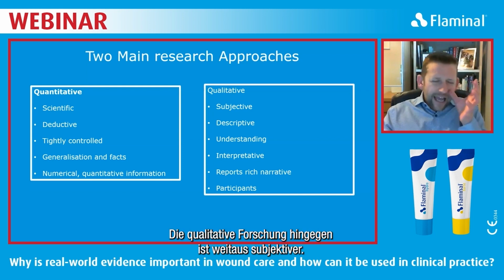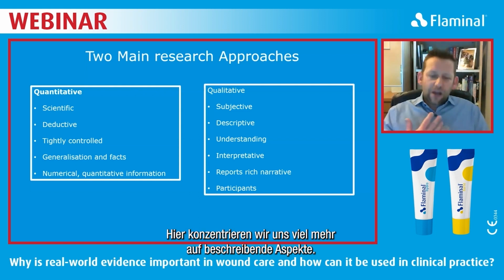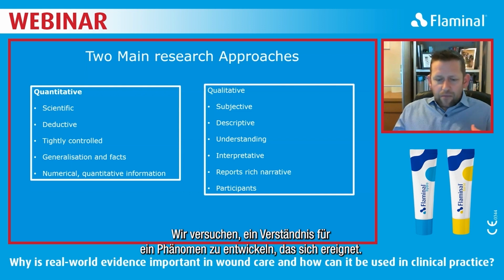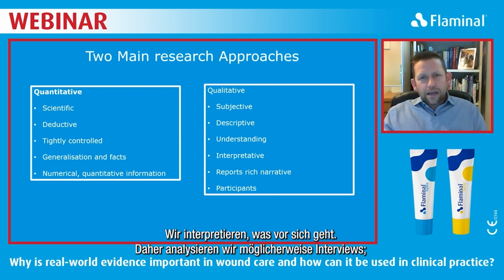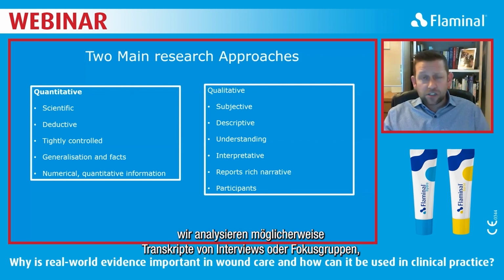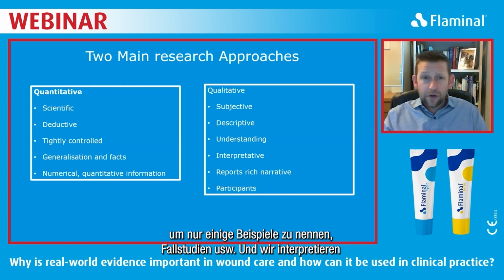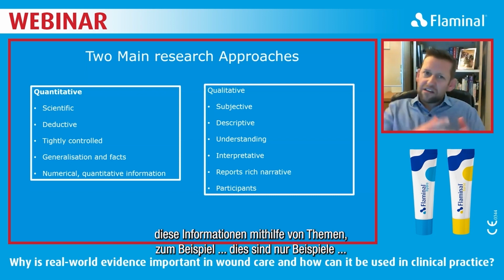Qualitative, on the other side, is much more subjective. We're looking much more at descriptive elements here. We are gaining an understanding of a phenomena, of something that's going on. We interpret what's going on. So we maybe analyse interviews, we possibly analyse transcripts of interviews or focus groups, just to give some example, case studies, etc. And we interpret that using themes, for example.